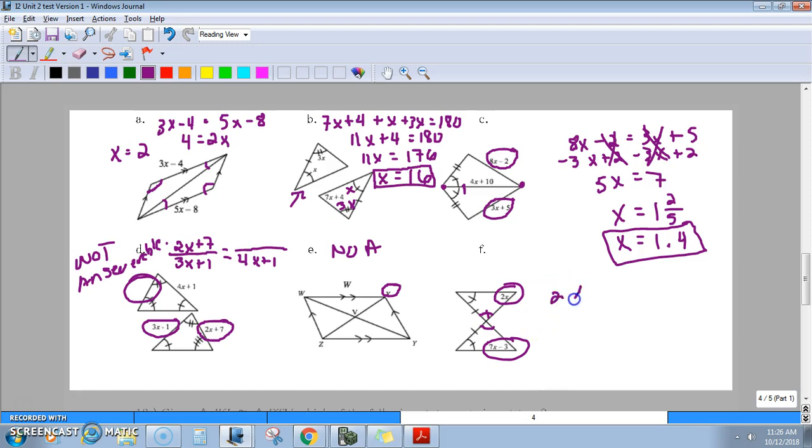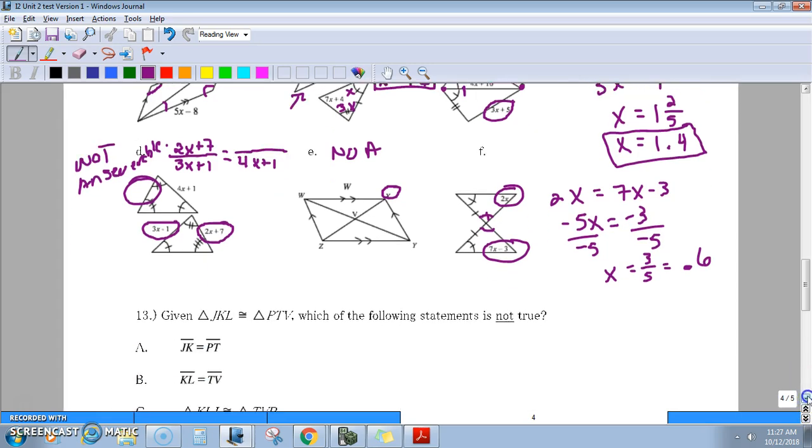Yes. 2x is equal to 7x minus 3. We're going to have to subtract 7x from both sides. That gives us negative 5x is equal to negative 3. Then divide both sides by negative 5, so we get a positive answer. And x is equal to 3/5, or if you put that into the calculator, it should be 0.6. Yay, almost done, you guys.